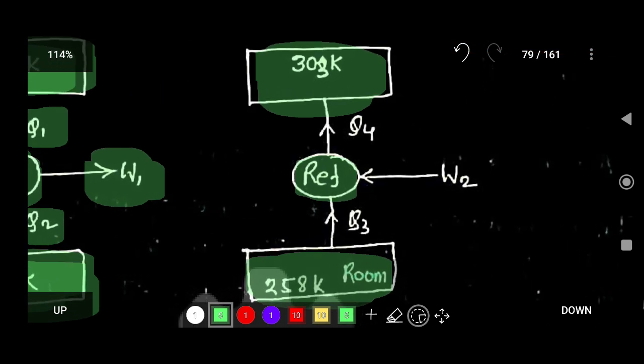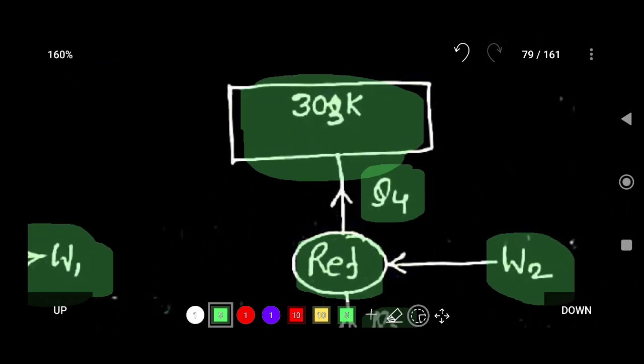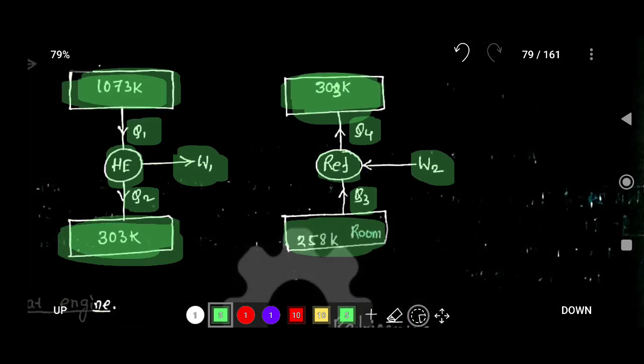To run this refrigerator, W2 amount of work has to be supplied, and the refrigerator absorbs Q3 amount of heat from the storage space, and rejects Q4 amount of heat to the source of 303 Kelvin, that means 30 degrees Celsius.